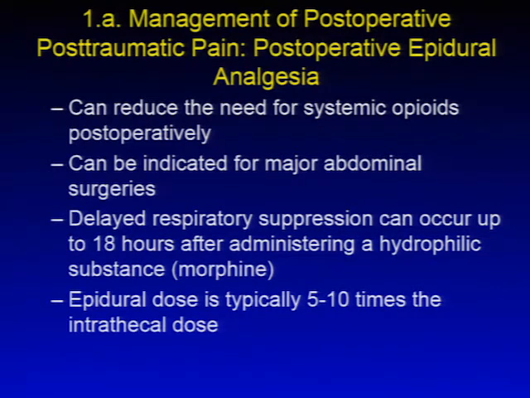It can be used for major abdominal surgeries, but please note that with epidural analgesia, if you're administering a hydrophilic opioid in the infusion, respiratory depression can occur up to 18 hours after administering that dose. When administering opioids via the epidural or the intrathecal routes, or any medicine, it's typically 5 to 10 times.